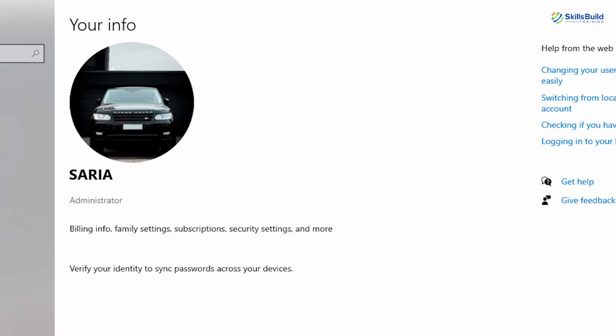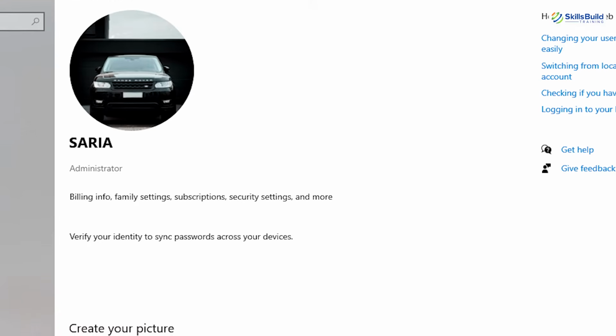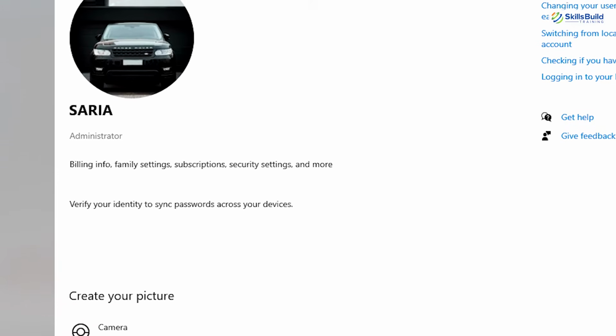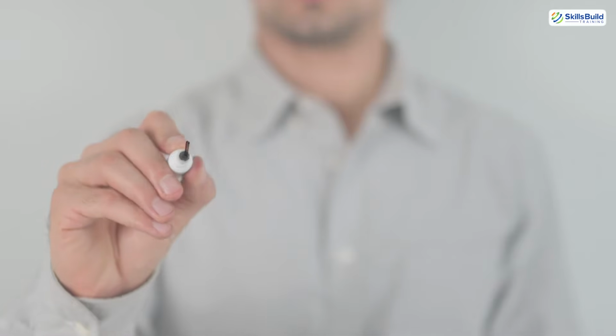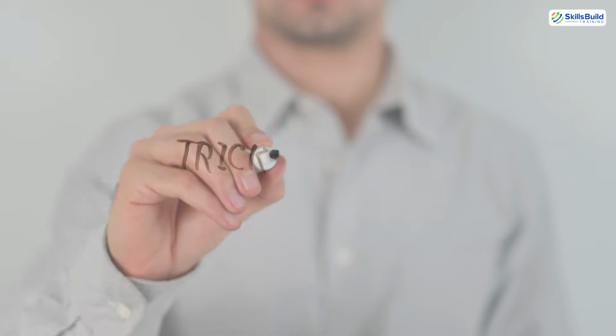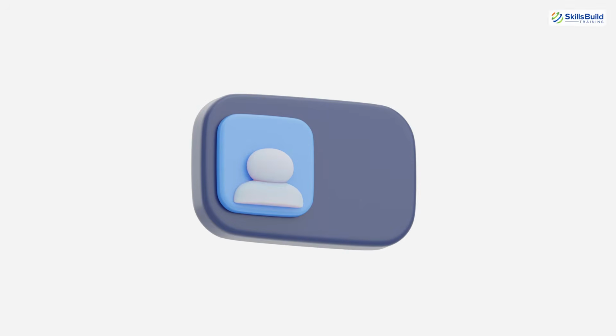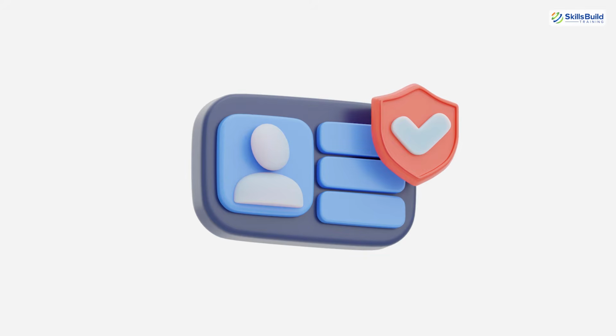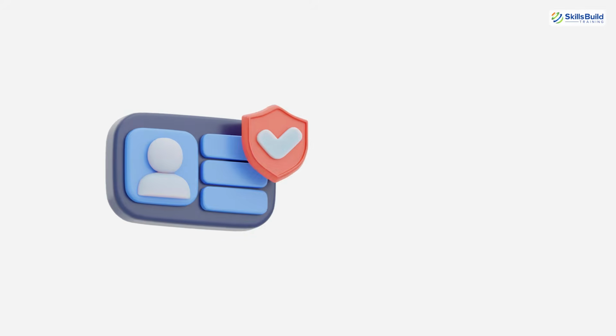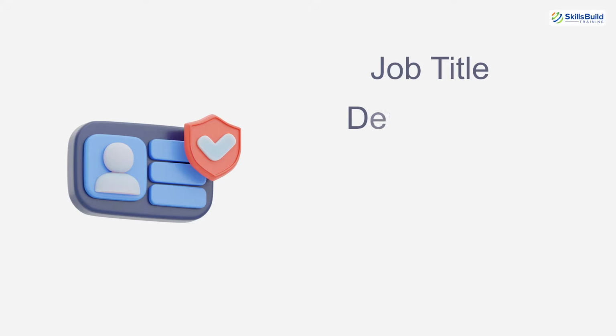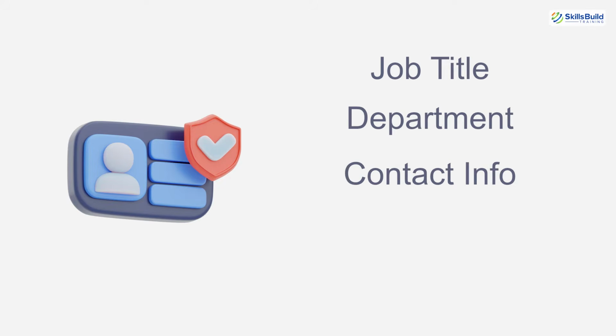But hey, a user account isn't just about the password. What if you need to actually change their details, tweak their profile, or update their info? That's where the next trick comes in, which is editing user profiles. Every user profile is basically their ID card inside the system. It's got their job title, department, contact info, the stuff that makes everything click.